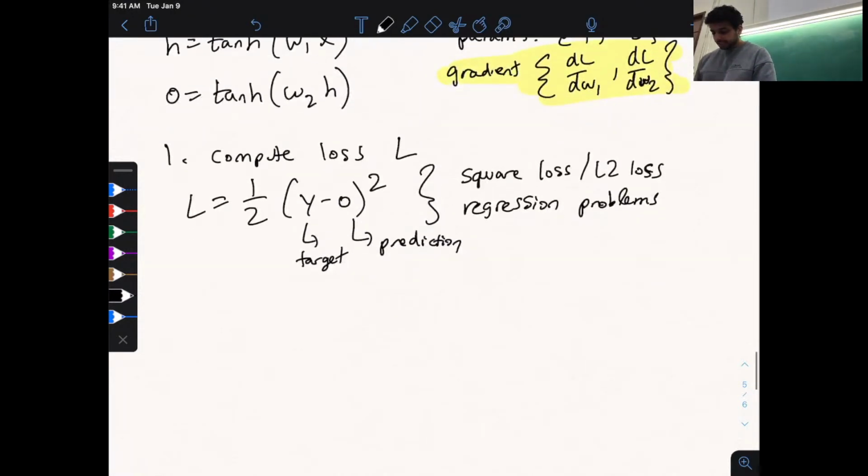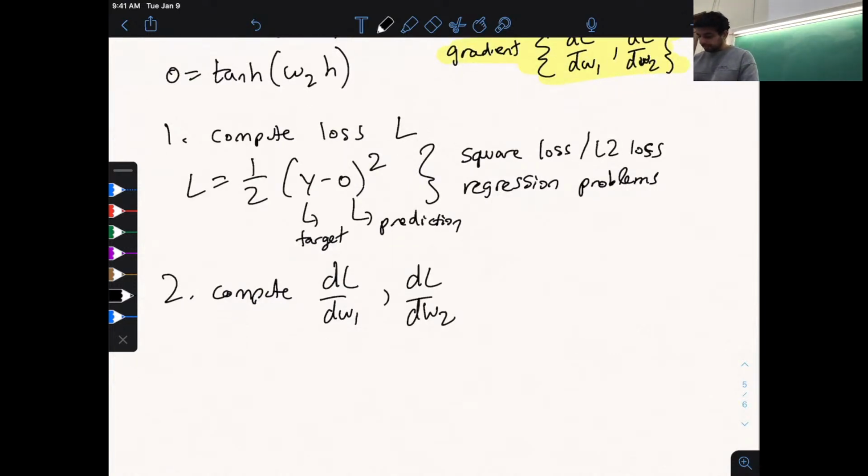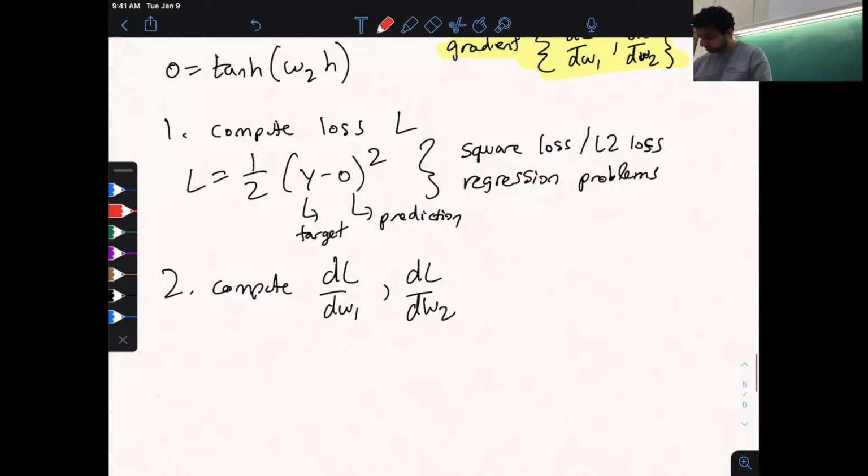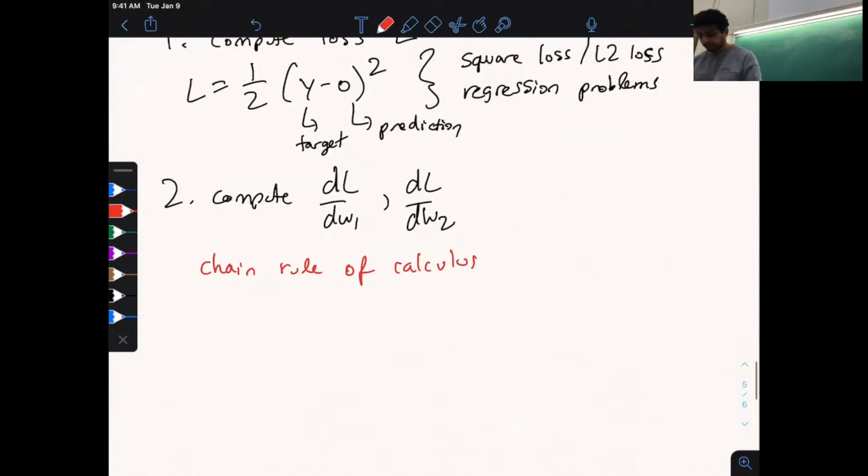Okay, so let's get started with computing the gradient. We want to compute dL/dW1 and dL/dW2. And the key thing that we're going to use here is the chain rule of calculus. Just as a refresher, remember, we already covered the chain rule of probability. Both of the chain rules are completely essential for neural language models.